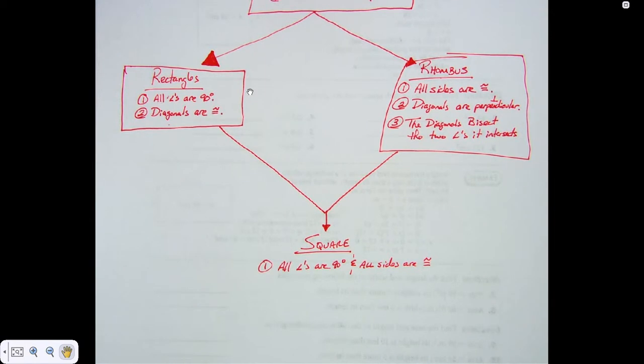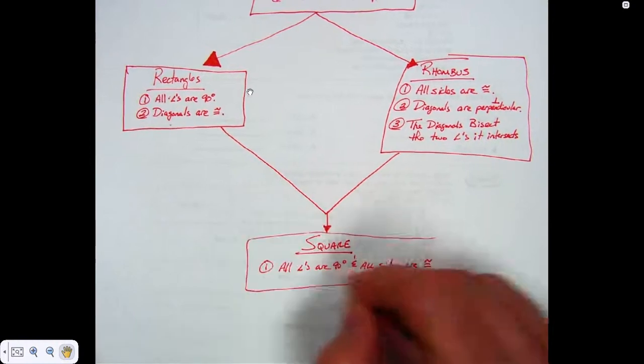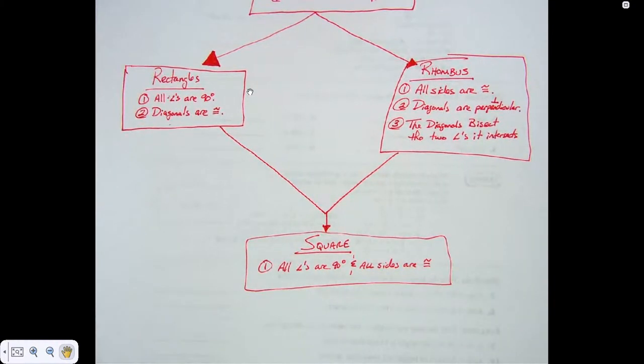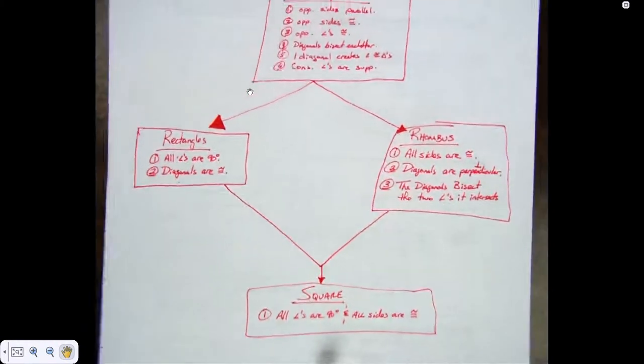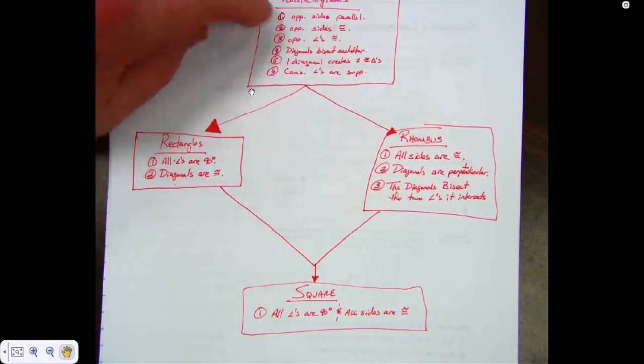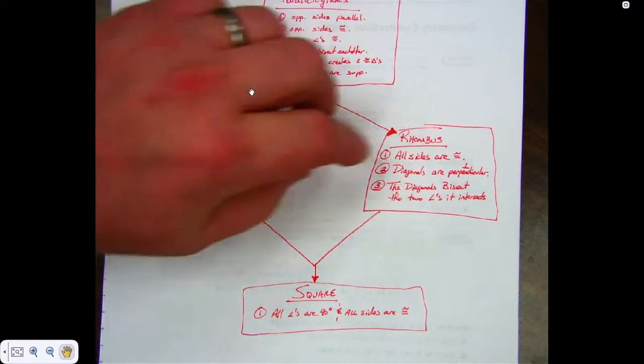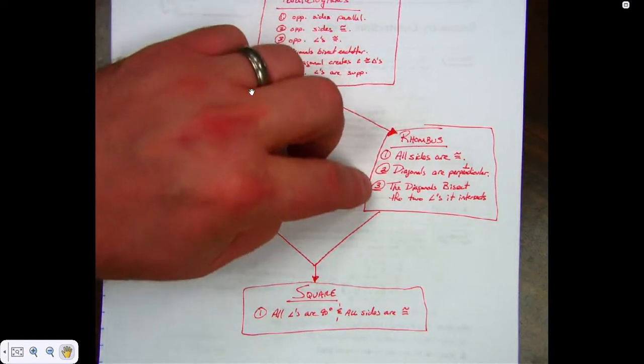Is that the only rule for the square? Yup. But there's actually how many things true about a square? 7. Nope. 12. 1, 2, 3, 4, 5, 6, 7, 8, 9, 10, 11, 12.